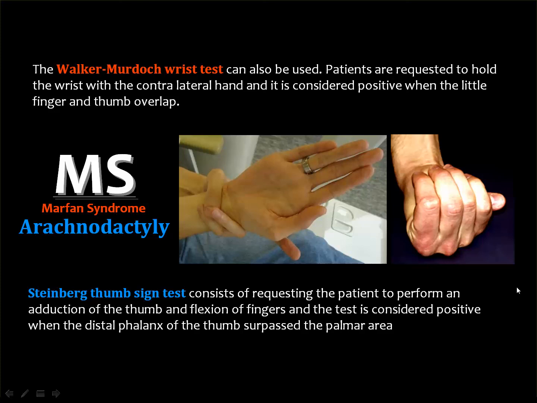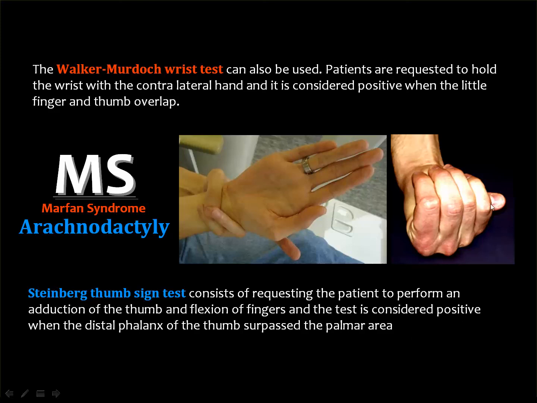The fourth sign is known as the Steinberg thumb sign. If the patient abducts the thumb and flexes his fingers, then the distal phalanx of the thumb will surpass the palmar area.